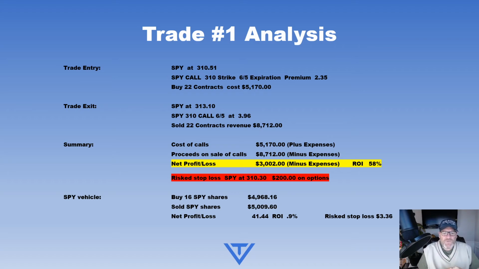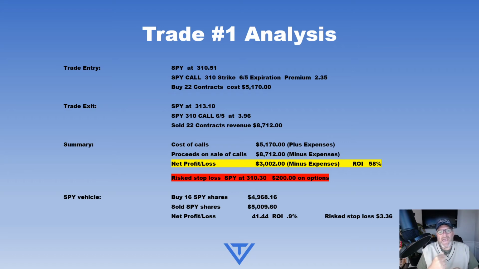If you were to buy 2,200 shares of SPY, you would have needed a lot of money, your risk would have gone up, and it would have been a lot different ROI. So if you're scalping or doing a short-term trade on SPY, let's do the options because they work out best.